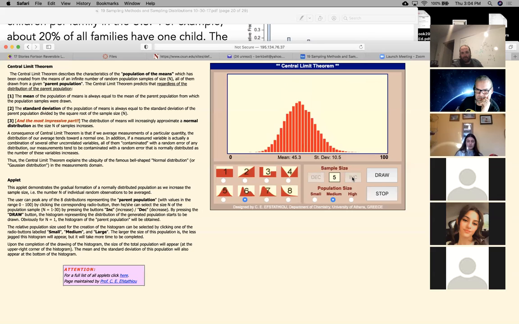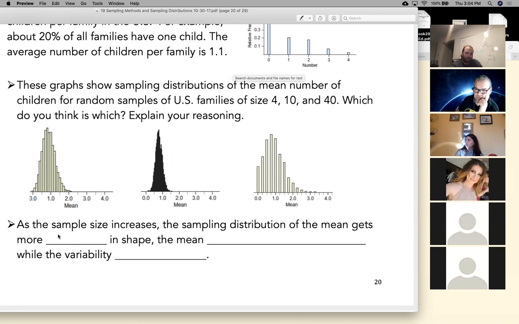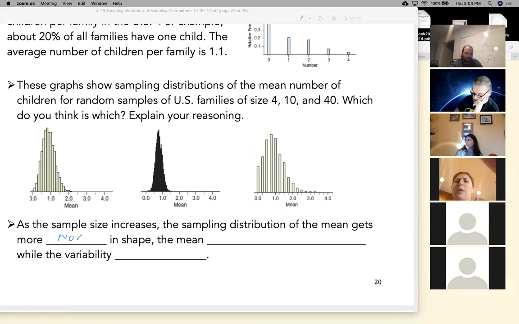As the sample size increases, already by 5, this is looking like what? Pyramid. But we have a word for a shape like this. This is looking very what? Normal. This is looking very normal. It looks like a bell curve. As the sample size increases, it looks normal in shape.